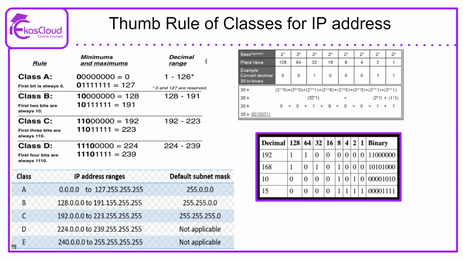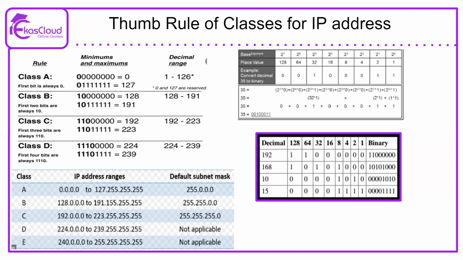One element denotes the network bits, and the other part of the IP address denotes the host bits. Again, this classification is made across different classes. Class A defines a certain number of network bits and a certain number of host bits. Similarly, class B and C. What is the significance of setting this? How does the computer know whether an IP address is class A or B or C?